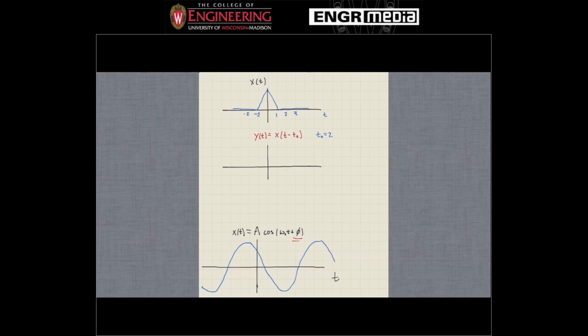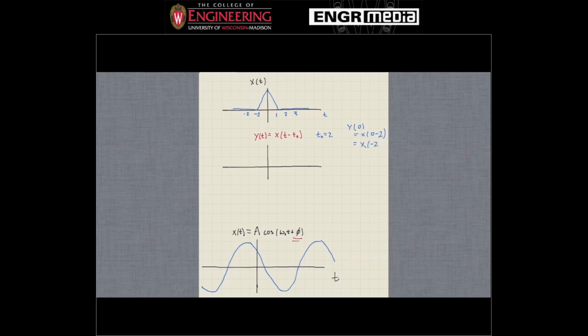Okay. So let's start at y of t at t equals 0. Well, that should be equal to x at 0 minus t naught, which is just 2. So x at 0 minus 2, and that's going to be, of course, x of minus 2.